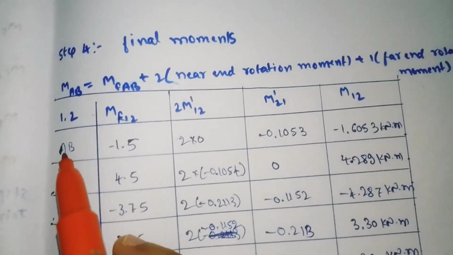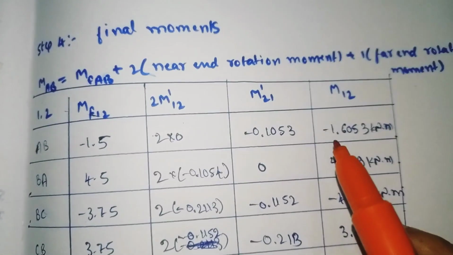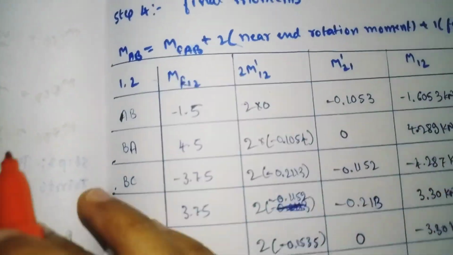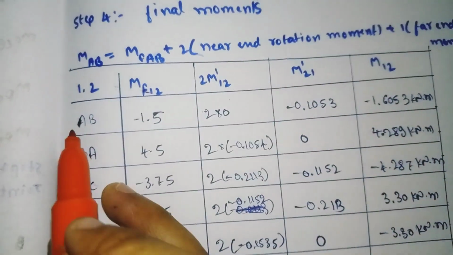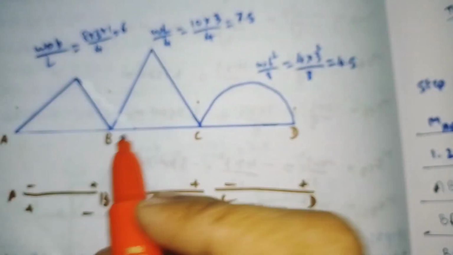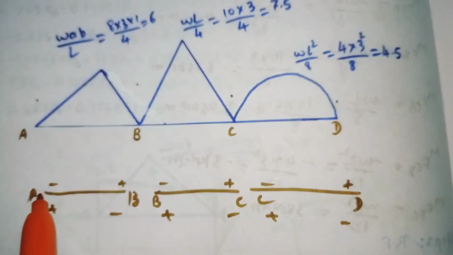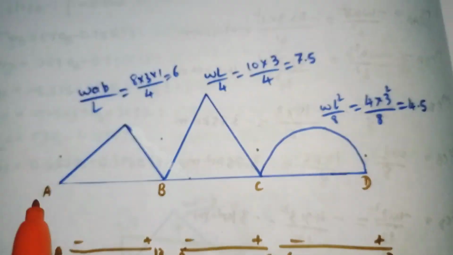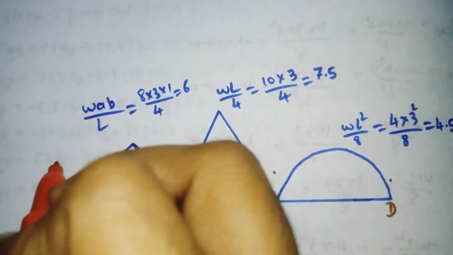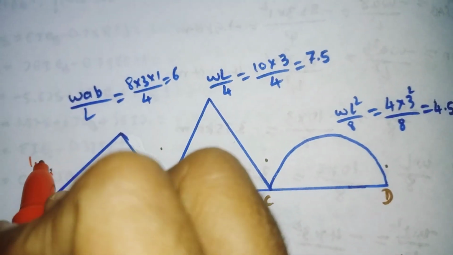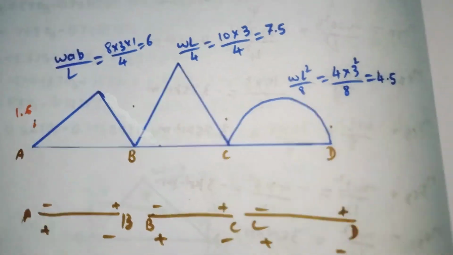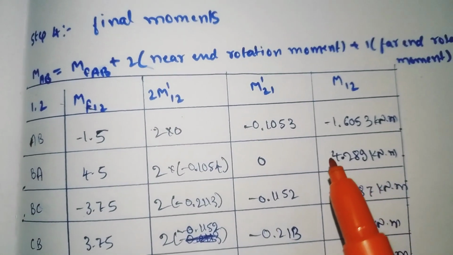See here, our MAB value we got was minus 1.60. For MAB the first point is A, so at point A our value is minus 1.60. At point A, the negative value comes above the neutral axis. So it comes here, minus 1.6. For MBA we got the value 4.2.